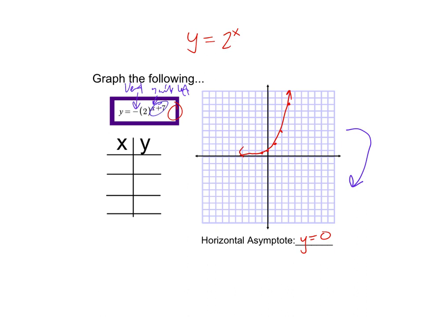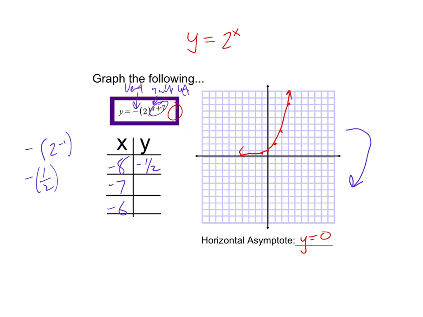Well, that'd be negative 7 plus 7 would make the exponent be 0. So I'm going to use negative 8, negative 7, and negative 6 here. So if I put a negative 8 in there, and negative 8 plus 7 is negative 1, it'd be a negative 2 to the negative 1, which is a negative 1 over 2. So this would be negative 1/2.